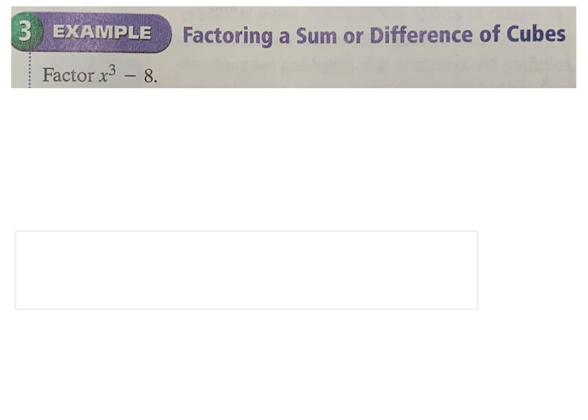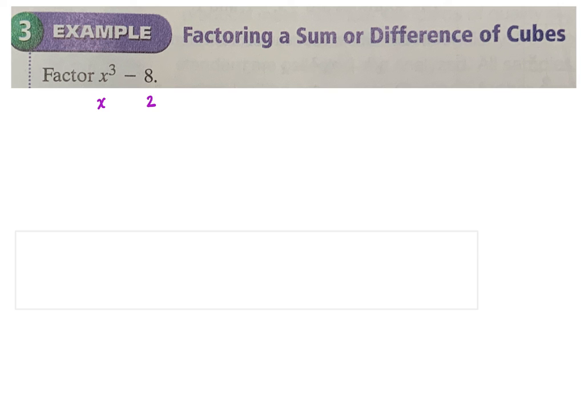All right, so this is the example, x cubed minus 8. You can easily see those are perfect cubes. X cubed has a cube root of x, 8 has a cube root of 2. And so my a here is going to be x, my b is going to be 2. And then I'm just going to plug it into that factoring.